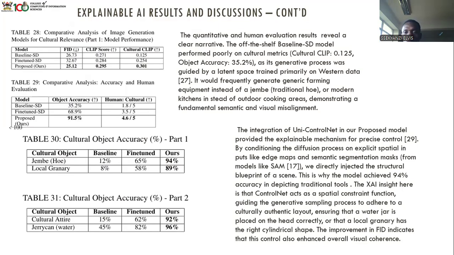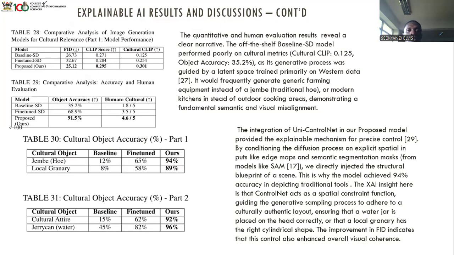The integration of ControlNet in our proposed model provided the explainable mechanism for precise control by conditioning the diffusion process on explicit spatial inputs like edge maps and semantic segmentation masks, and we directly injected the structural blueprint of a scene. This is why the model achieved 94% accuracy in replicating traditional tools.